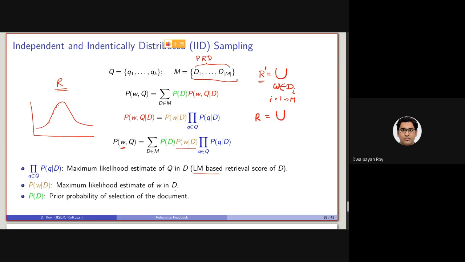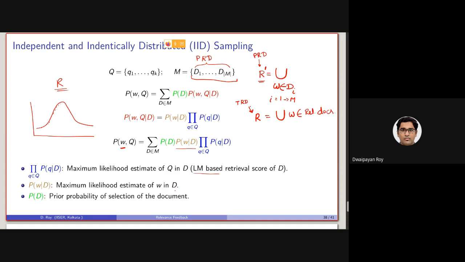It is basically the union of all the words belonging to the actual relevant docs. R prime is based on PRD, pseudo-relevant documents, and R is based on the true relevance feedback, TRD, true relevant documents.